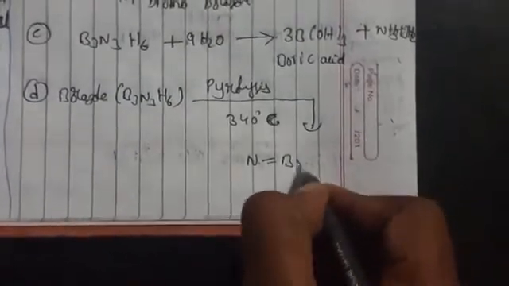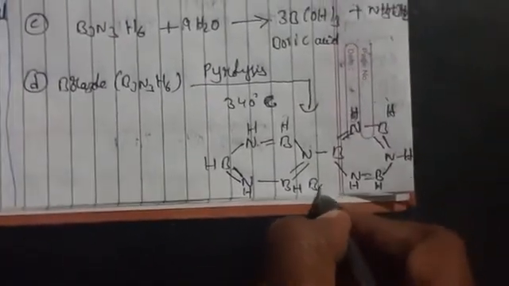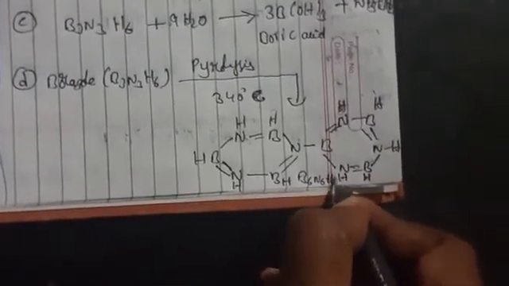N double bond B, N, B, here N, B, NH, N double bond B, with H here, H, B, N, B double bond, here H and H. So one of the products we are getting here is B6N6H10.